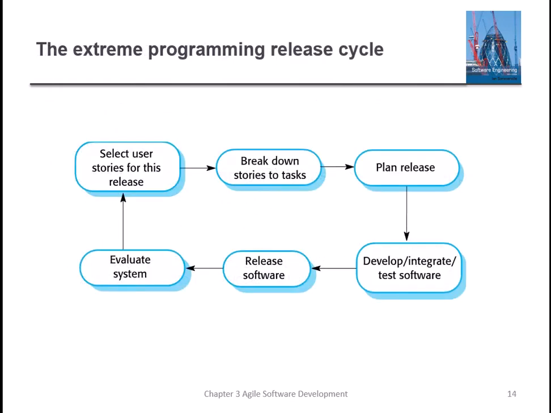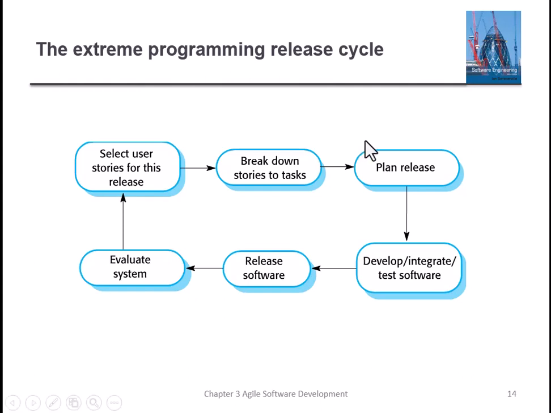So the extreme programming release cycle: evaluate the system. If the system or some versions exist, then select user stories for this release. The user will explain the functionality, the existing system.